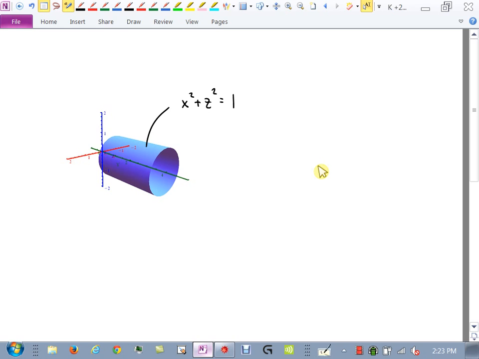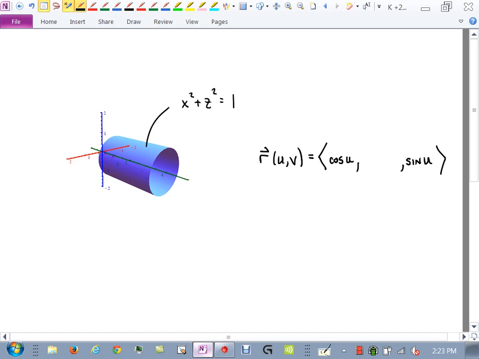So how can I draw the circle that'll be part of that cylinder? How do I draw one of those? Cosine, sine, right? So r of u, v, which are the variables that are going to be messing with cosine and sine here? X and z, right? So how about cosine, let's use u, and then sine u.